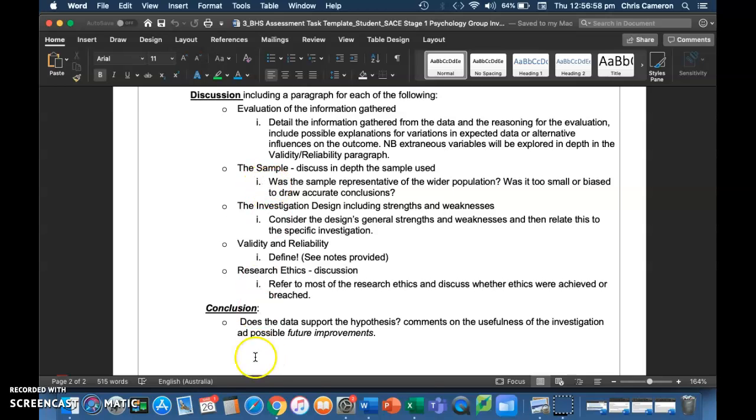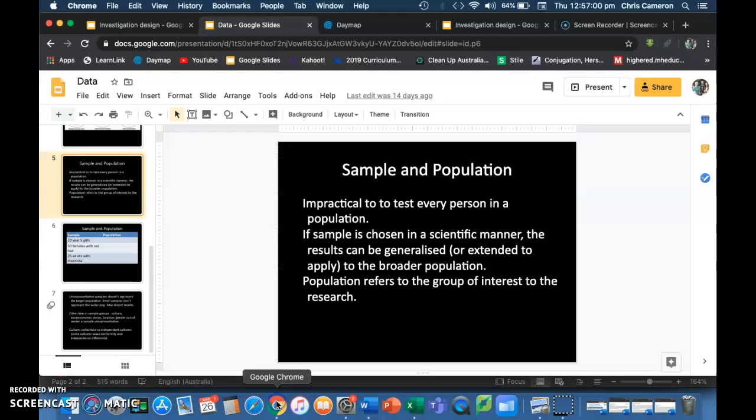So let's have a look at sample and population. Remember, a sample group is a representative group from a particular population. Now, if your population was all of Australia, does a group of 15 Year 11s represent, is it a representative sample? I'd say probably not.